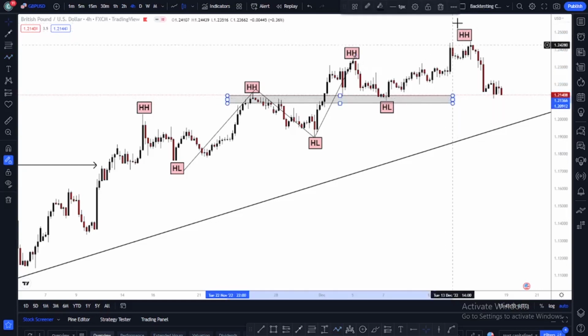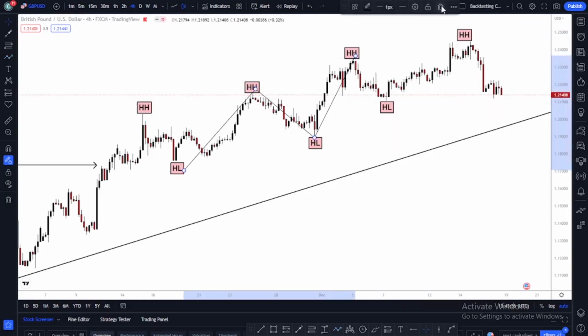Let me go over it again. After price created this higher high, it came back and created a new higher low. After this higher low, it went ahead and created a new higher high. Since this was our previous higher low, this became our new resistance, the point where we're expecting price to retrace to continue the trend.